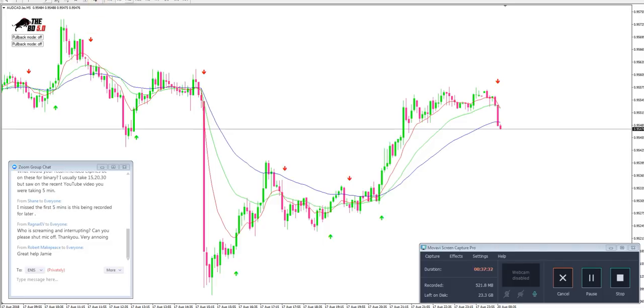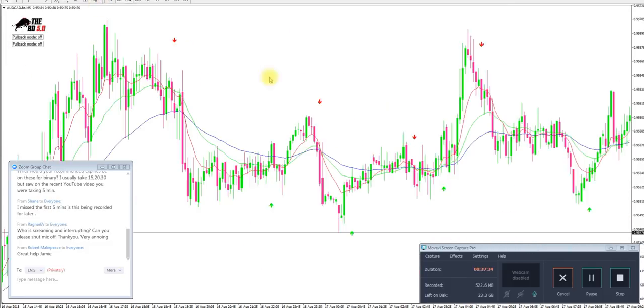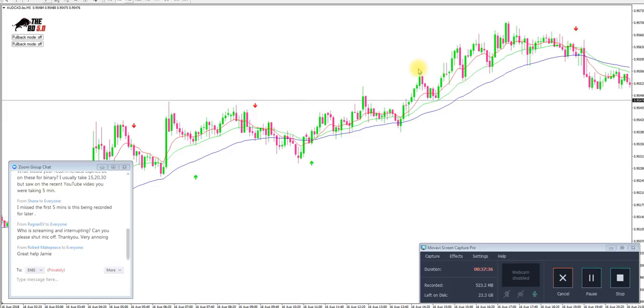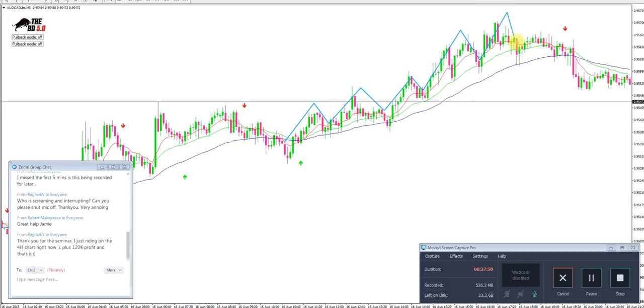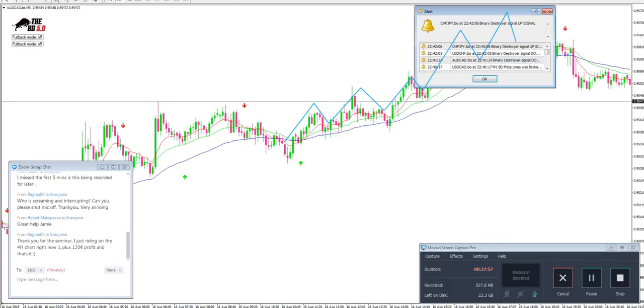Just spot the trends, because it's important, once you've mastered trend trading, right? And you spot this, look, trend up, pull down, trend up, pull down, trend up, pull down, trend up, pull down. Once you can see this, you pretty much 90% mastered it, right?